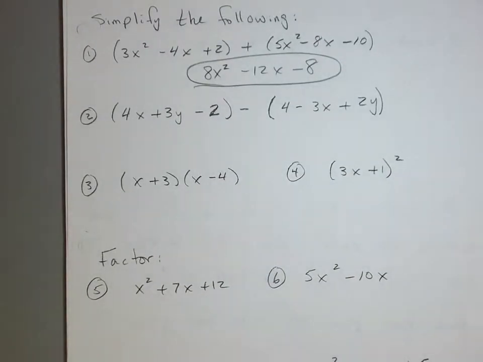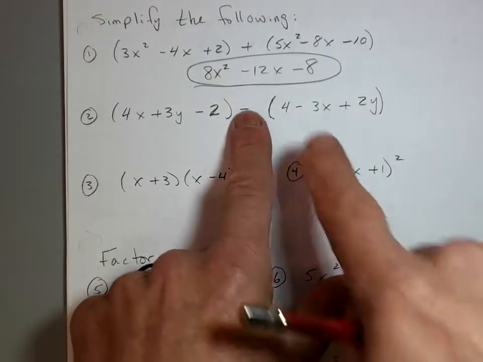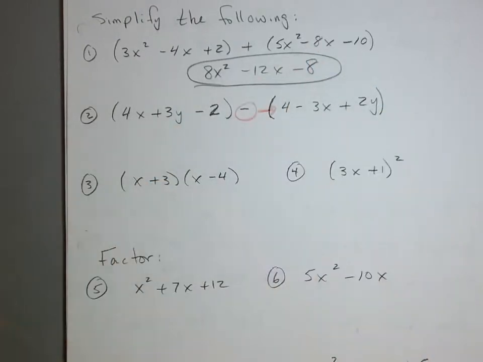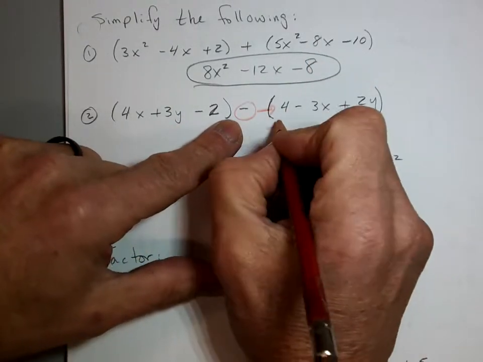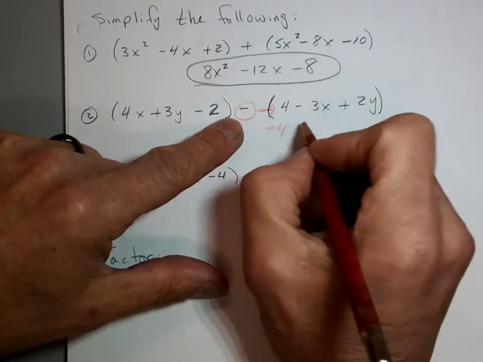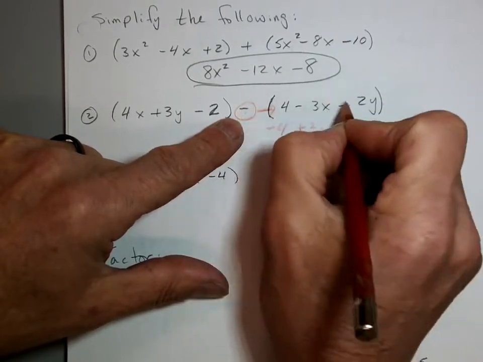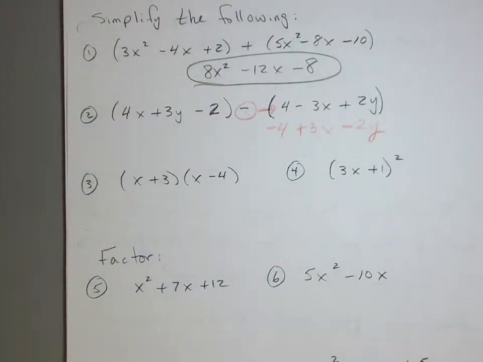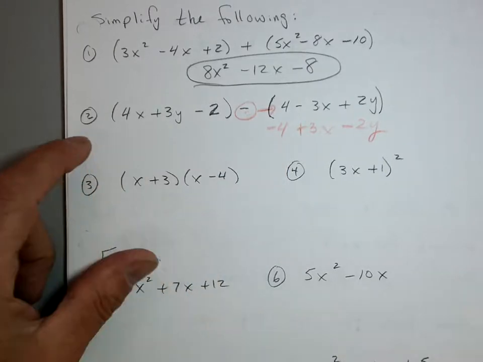Personally, I always want to do this first. I'm usually afraid of making mistakes with double negatives, so I just bring the negative through first. It just helps me. So I'm going to rewrite this as a negative 4, a positive 3x, and a negative 2y. That way I don't worry about the double negatives. I just bring the negative through, and then I combine like terms.